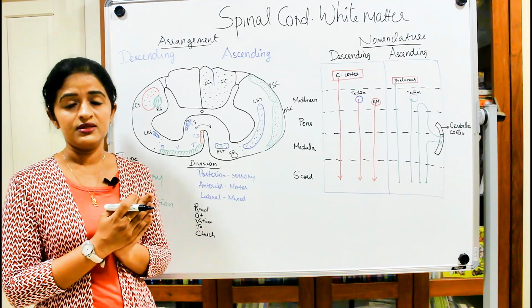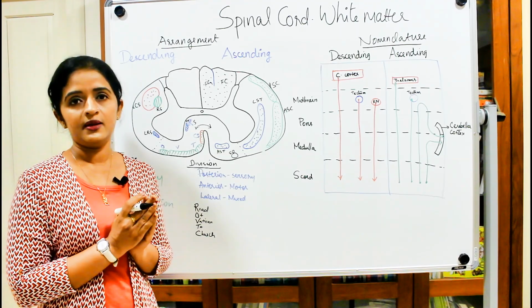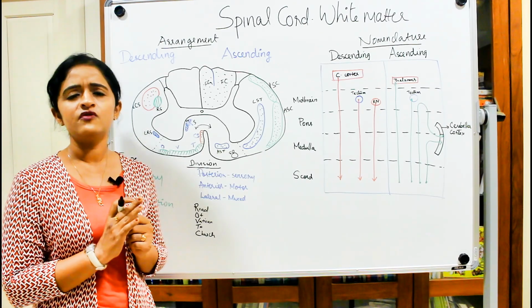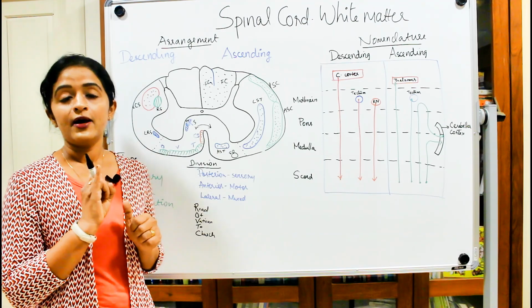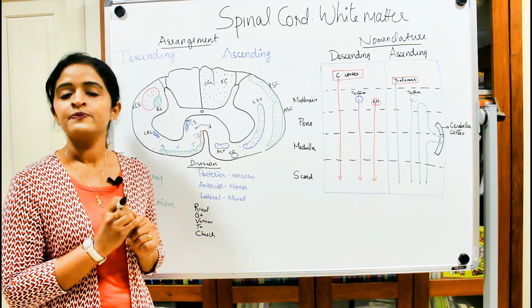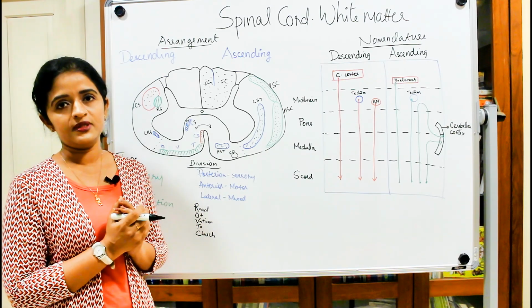Now let's discuss first the type of nerve fibers arranged around the grey matter. So what are the main types of nerve fibers you get around the spinal cord? So you have sensory nerve fibers, you have the motor nerve fibers, and you have the association nerve fibers.